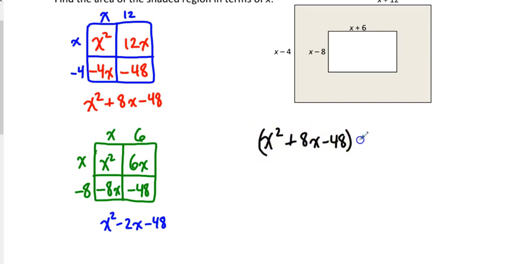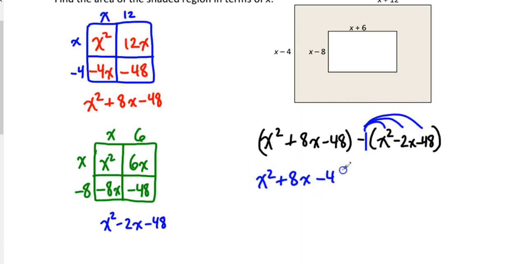That's the overall minus the white. Those are opposites. Here's another pair of opposites. So the only terms that are left are the 8x and the 2x for a sum of 10x.